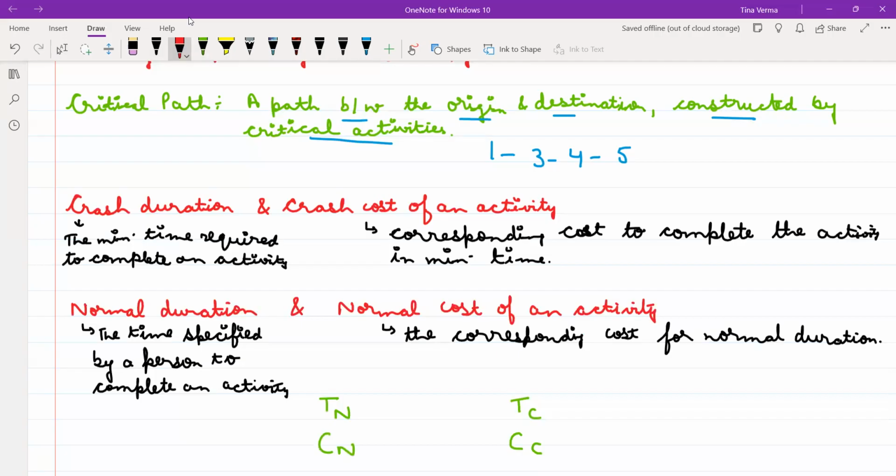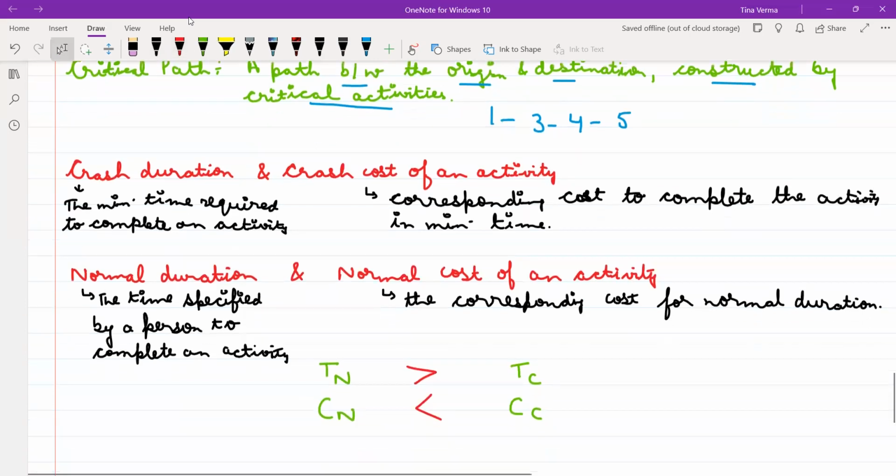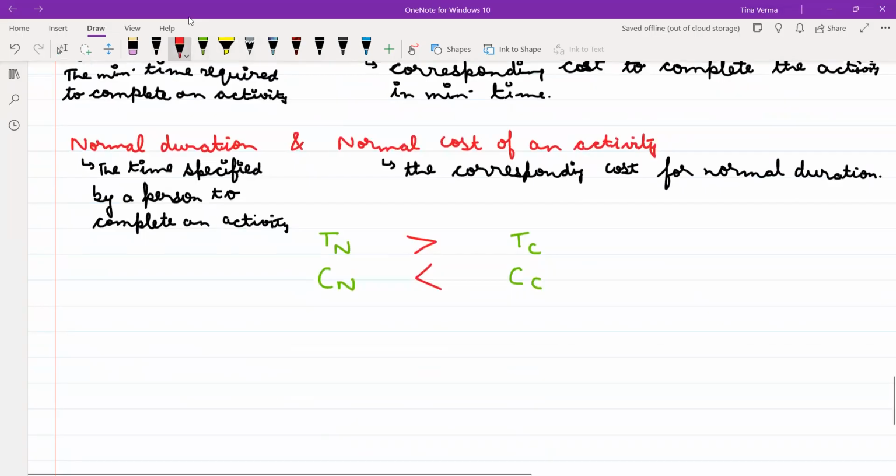The time for the normal duration will always be greater than your crash duration. क्योंकि crash duration में आप minimum time लेके चल रहे हो, but normal में आप specified time लेके चल रहे हो कि इतने में होगा, right? But if you want कि अगर वो जल्दी खत्म हो जाए तो लेबर भी ज्यादा लगानी पड़ेगी, रॉ मटेरियल्स आपको वैसे प्रोवाइड करना पड़ेगा, सब कुछ उस तरीके से प्रोवाइड करना पड़ेगा, तो कॉस्ट किसकी ज्यादा होगी? The cost of crash will be more than your normal cost. Is it clear? Then how do you find the crash limit?